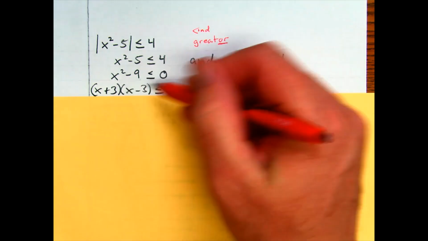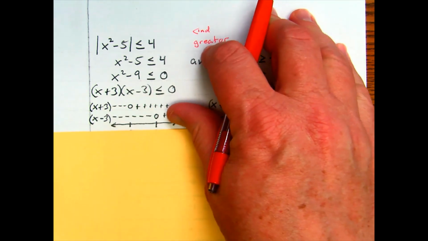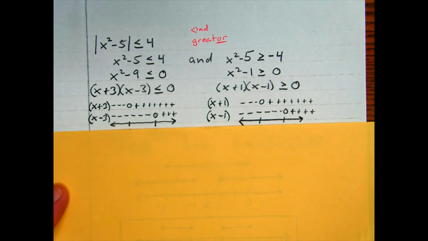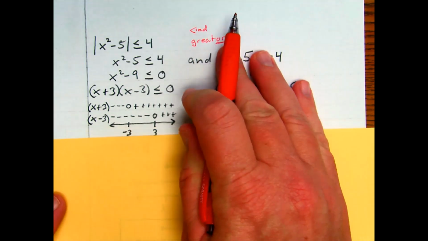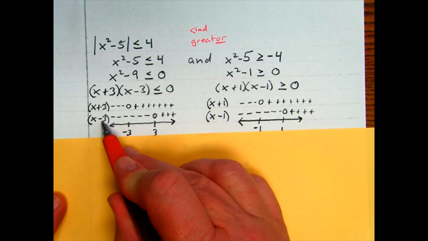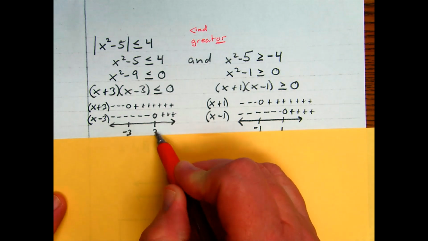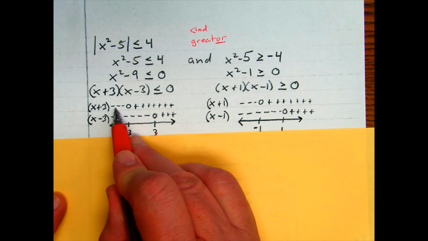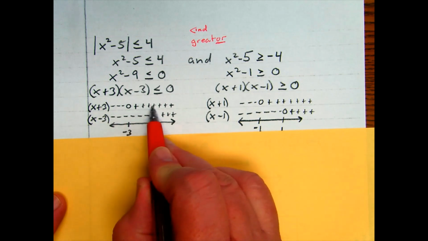All right, now what makes this thing true? For this one, what I chose to do was use the test intervals. So I know x plus 3 is 0 at negative 3. X minus 3 is 0 at 3. This is negative to the left of negative 3, positive to the right.